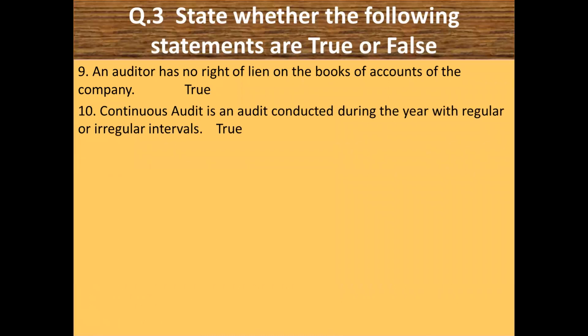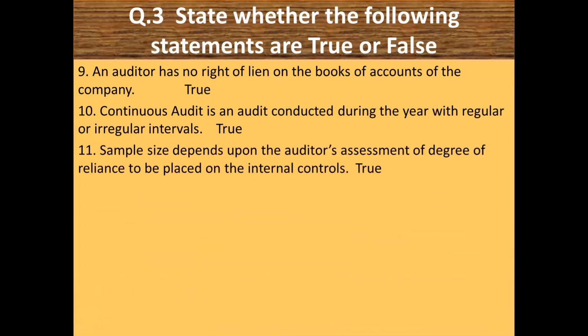Then, continuous audit is an audit conducted during the year with regular or irregular intervals. This is a true statement. Then next, number 11: sample size depends upon the auditor's assessment of the degree of reliance to be placed on the internal control.